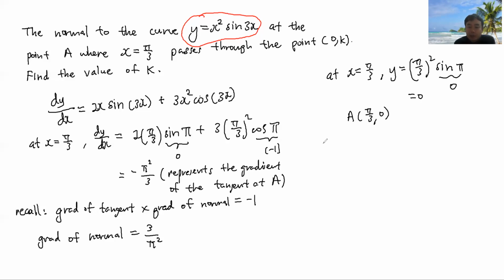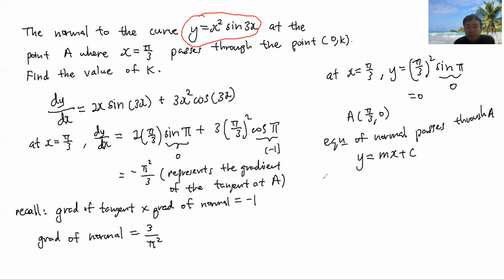And the equation of normal passes through point A, so we're going to use that to help us find it. The equation of normal is a straight line, so it can be expressed as y equals mx plus c, assuming that it's not vertical.